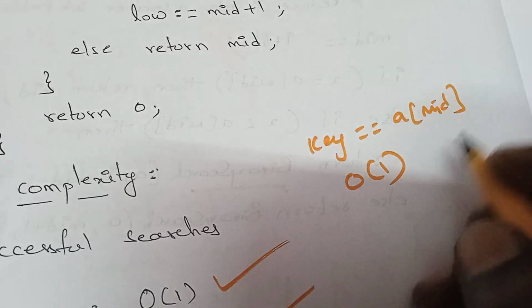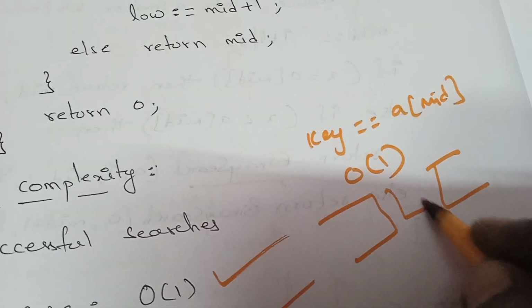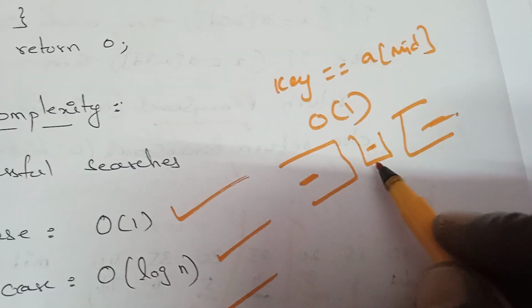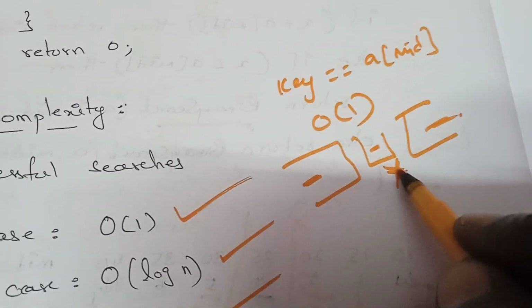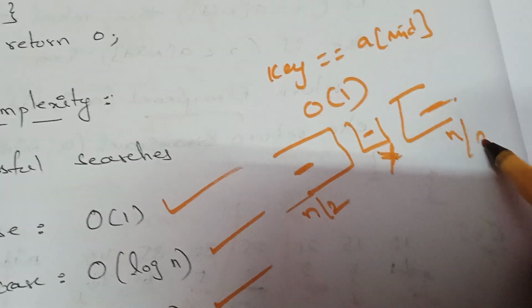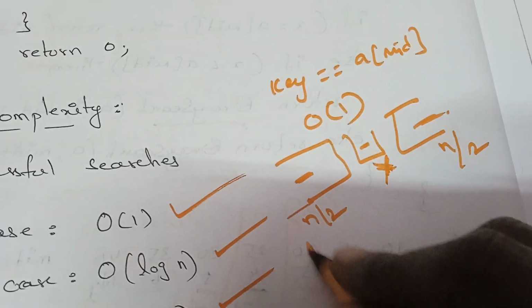So what is the average case? I have divided the list into 3 parts: the middle part, the mid minus 1 part, and the mid plus 1 part. If this condition fails, we come to this part, which is n by 2, or this part, which is n by 2. If you apply logarithm, it will be big O of log n.